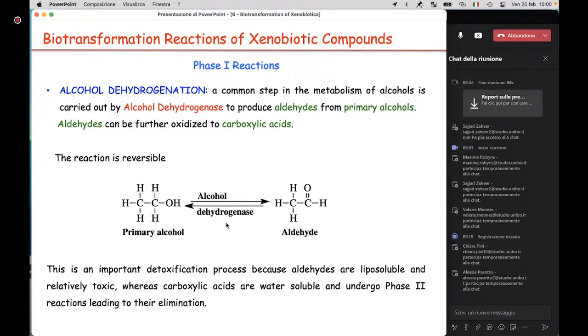This is because aldehydes are more lipophilic than alcohols in general, and also more toxic than alcohols. So the first step increases toxicity a bit, but then if the molecule becomes an acid, COOH instead of CHO, the molecule becomes very, very hydrophilic and very easily modified through phase 2 reactions, and so further detoxified.